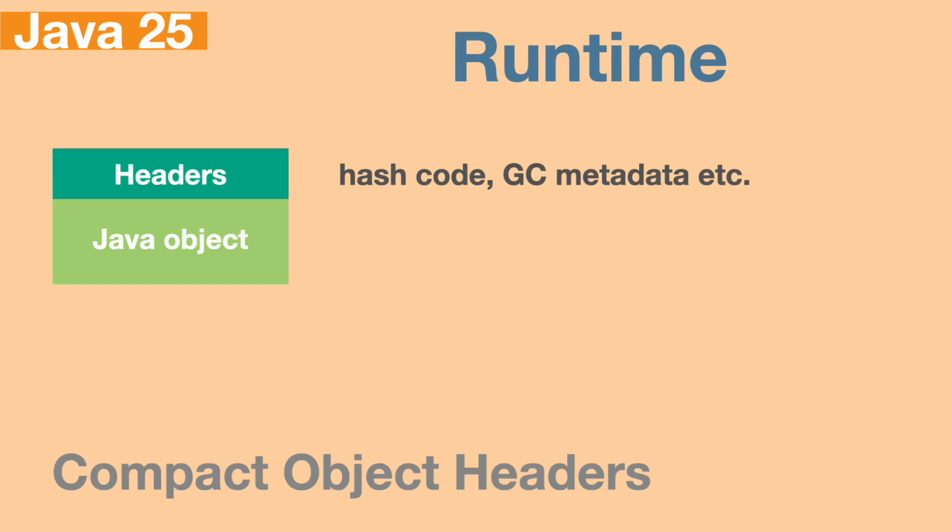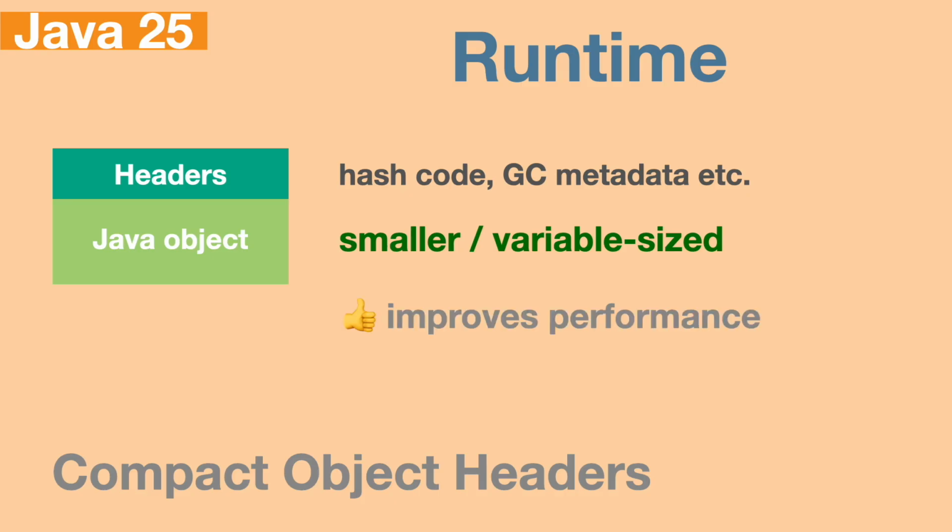With compact object headers, the JVM can use smaller or variable-sized headers depending on the situation. This change leads to lower memory usage, better CPU cache utilization, and can improve overall performance, especially in applications that create many small objects. It can also reduce the number of garbage collections or make some operations faster.